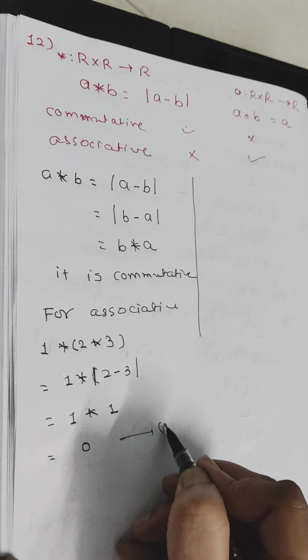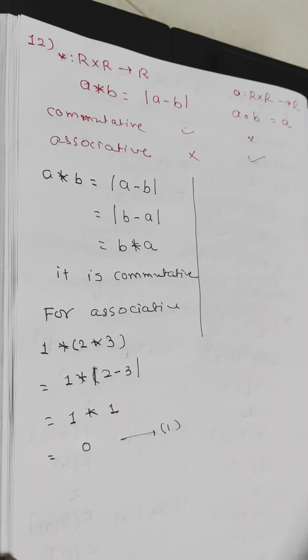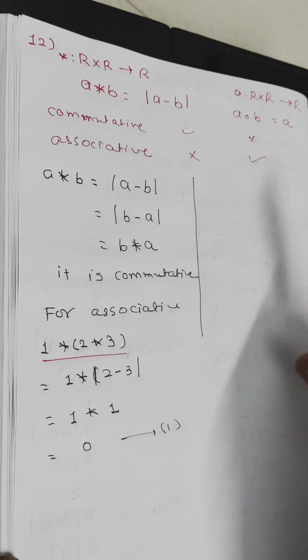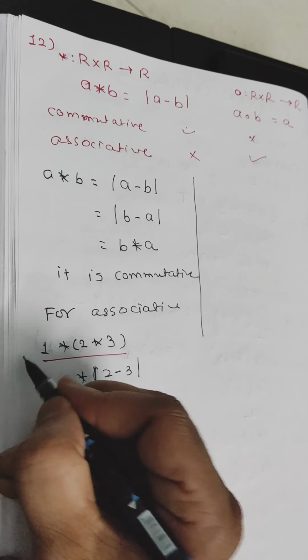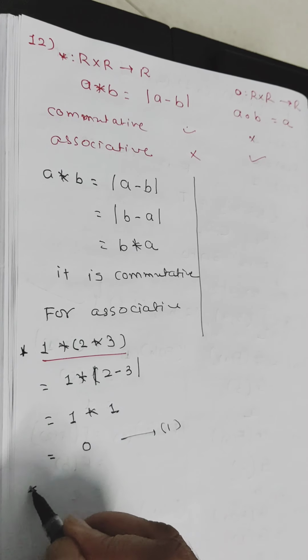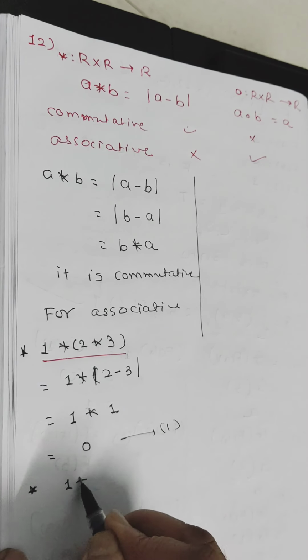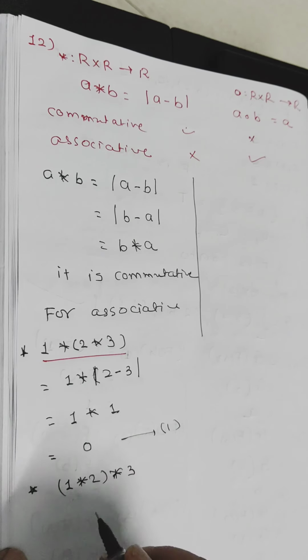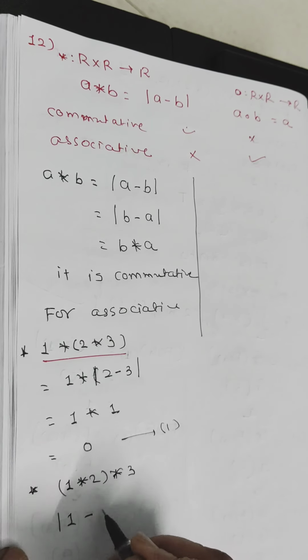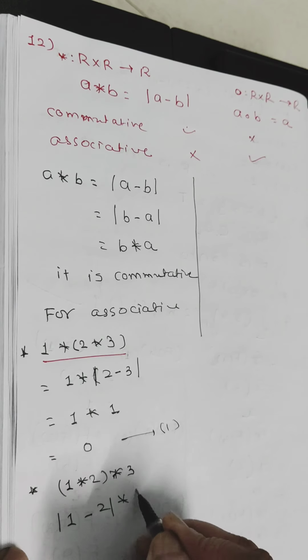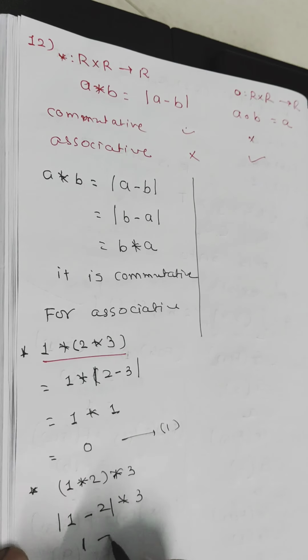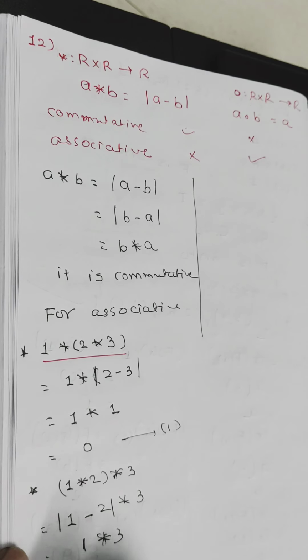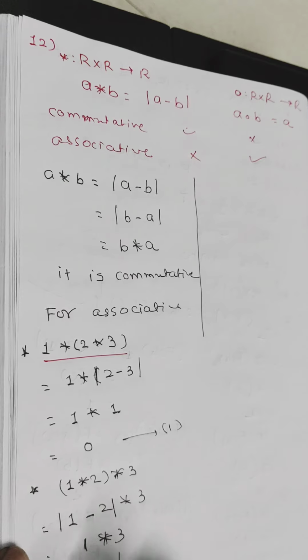Now if I take the other way, 1 2 3, then modulus 1 minus 2 binary operation 3, 1 binary operation 3 is equal to modulus 1 minus 3, that is 2.